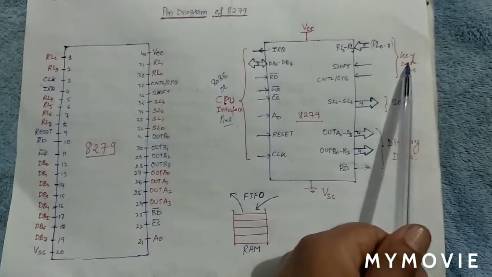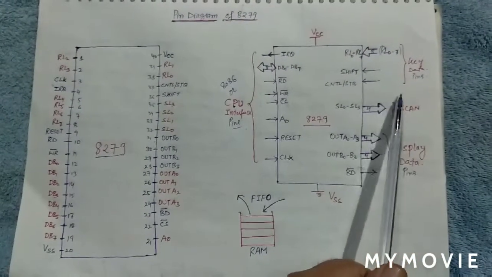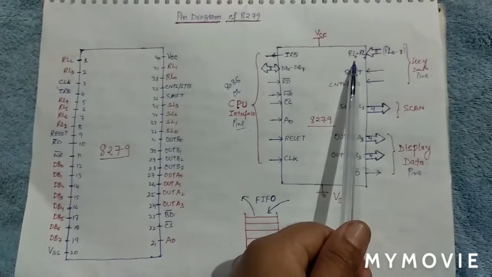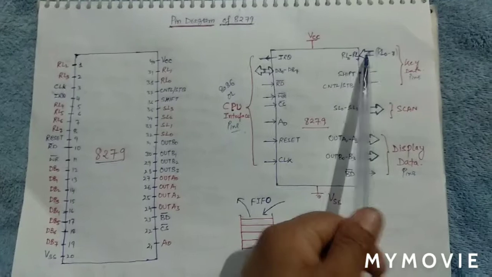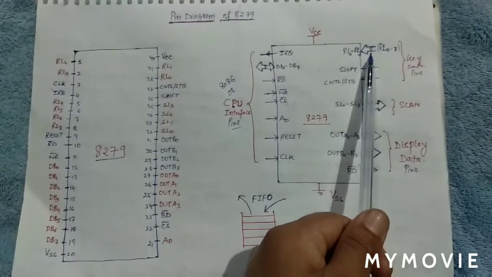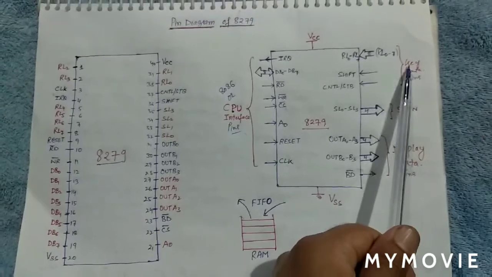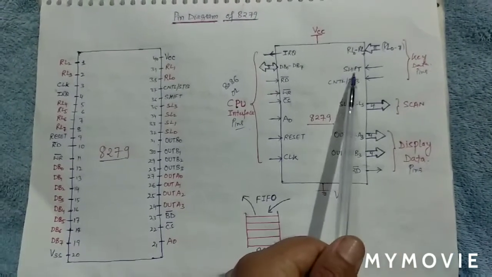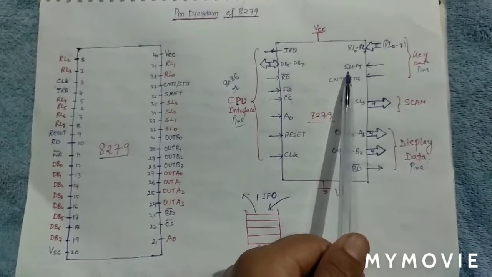Now the next section of pins are the keyboard data pins. These keyboard data pins consist of return lines from 0 to 7, that is an 8-bit bus. These are return lines from any keyboard device. The next pin is the shift pin.